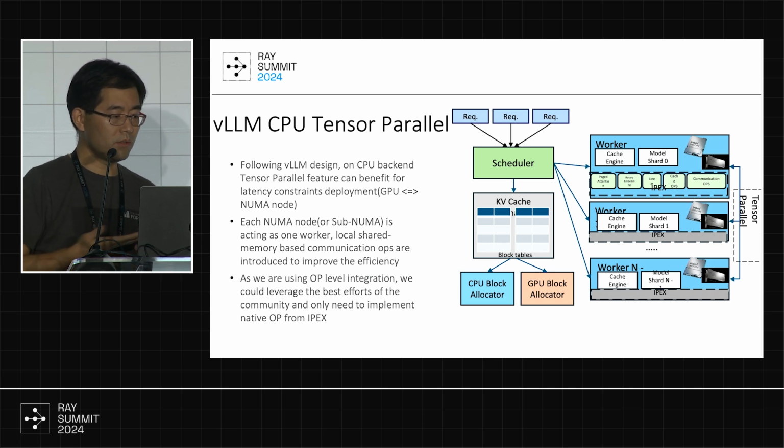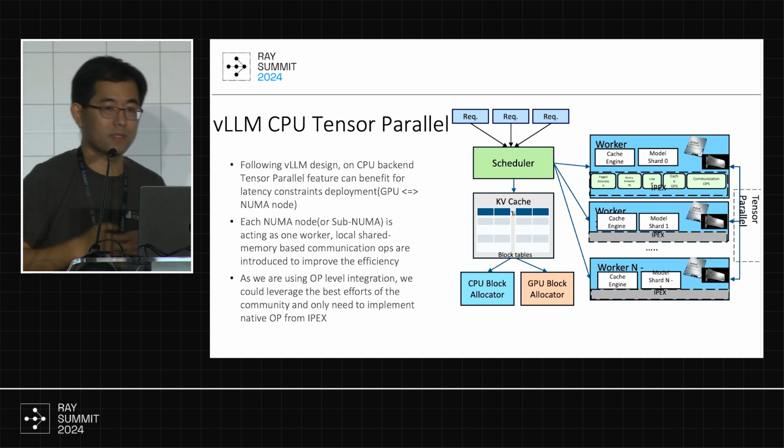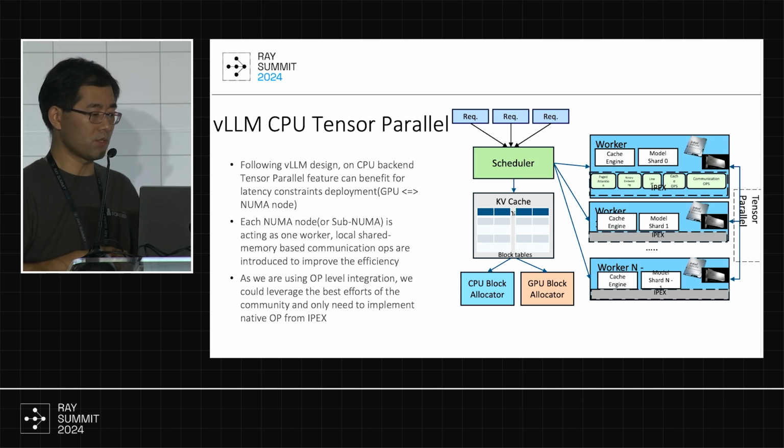Each NUMA node acts as a worker, and there are local shared-memory-based communication OPs to improve efficiency. Since we are using OP-level integration, the integration to support this is pretty straightforward. We just need to implement those special OPs.